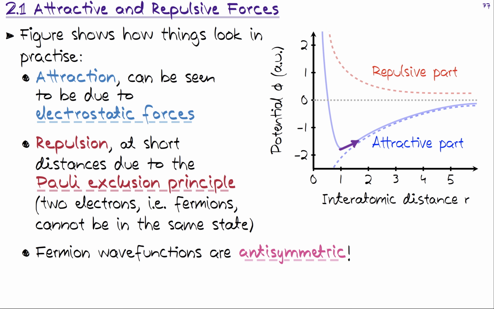And then we calculate the gradient of this potential, and we take the minus of that, and then we see that we have forces in place, and those forces give rise to the equilibrium position we know as a solid.